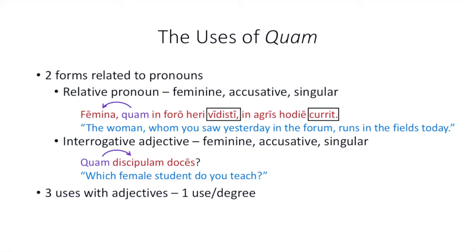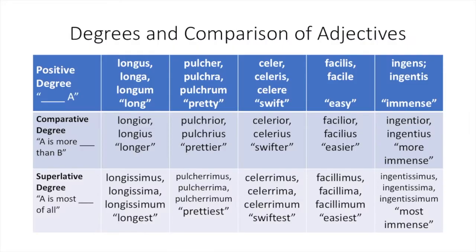Now, the other 3 uses of quam depend on the different degrees of the adjective. And this works with the adjectives that follow your normal patterns of comparisons with adjectives.